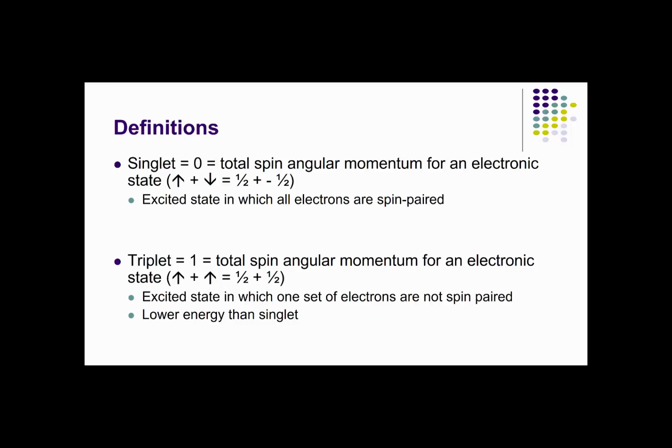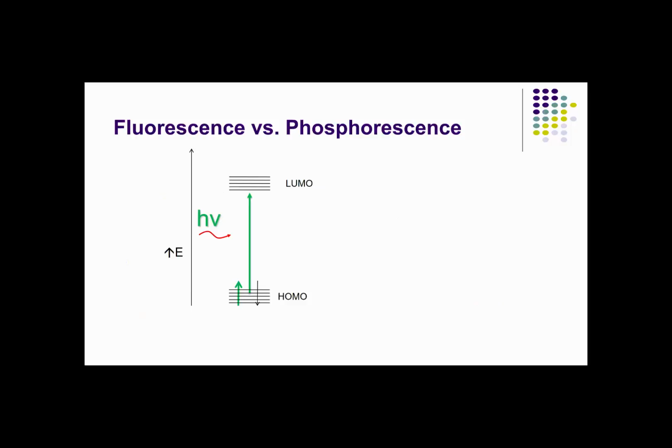Now let's talk for a bit about how we can use this information in order to explain the difference between 2 different emissive processes known as fluorescence and phosphorescence. On this slide, I'm rendering the HOMO and the LUMO a little bit differently than I did on my earlier slide. Each electronic energy state is actually a band rather than a single discrete level.